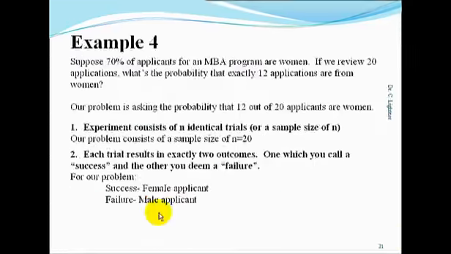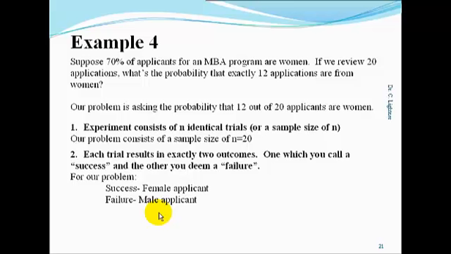Example 4. Suppose 70% of applicants for an MBA program are women. If we review 20 applications, what's the probability that exactly 12 applications are from women? Our problem is asking the probability that 12 out of 20 applicants are women.